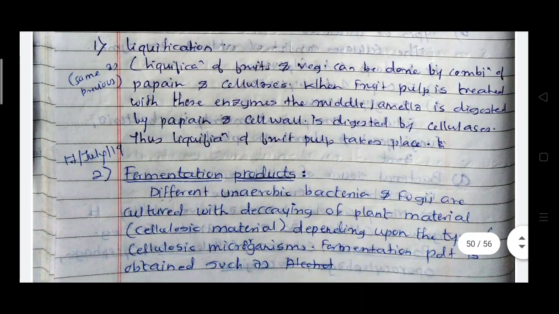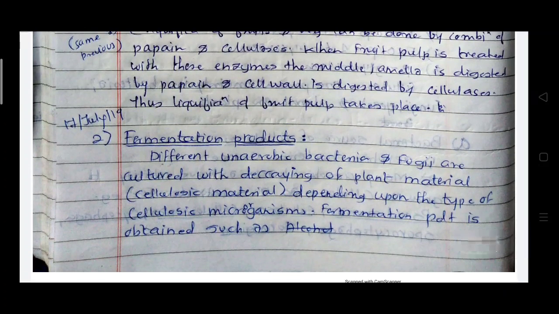Then the second application is in fermentation products. Different anaerobic bacteria and fungi are cultured with decaying plant material, that is cellulosic material. Depending upon the type of cellulosic microorganism, a fermentation product is obtained.